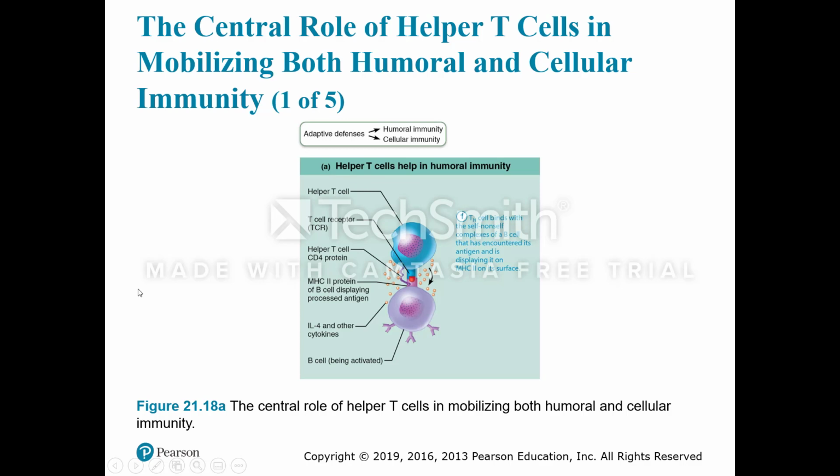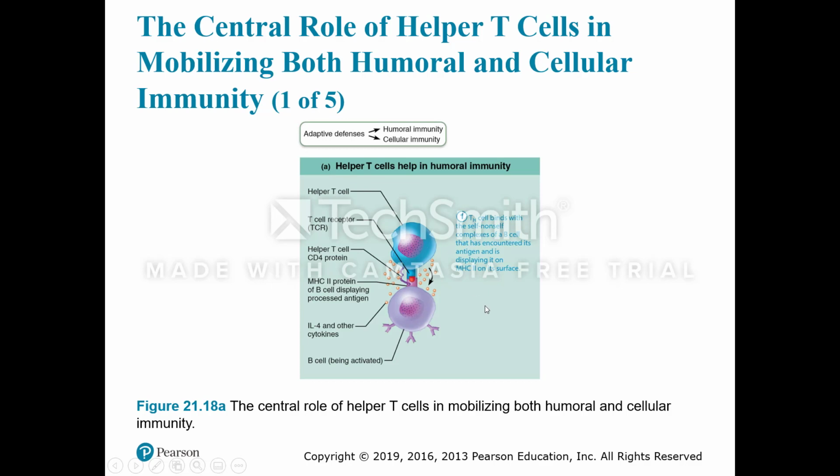So the central role of the helper T cell, therefore, is to mobilize both the humoral as well as the cellular immunity. Here, this is your B cell that is being activated, and this is your helper T cell.